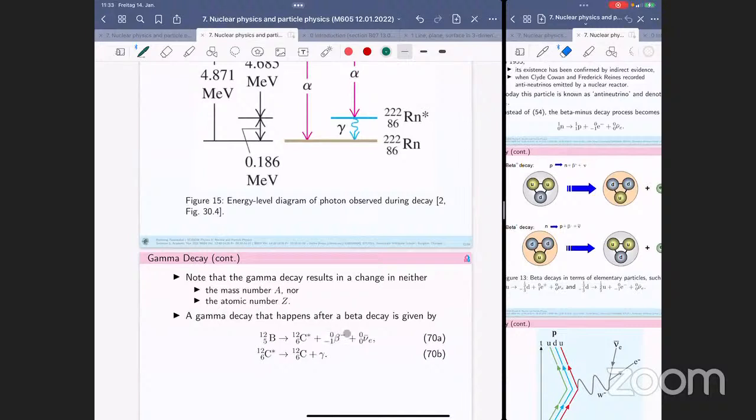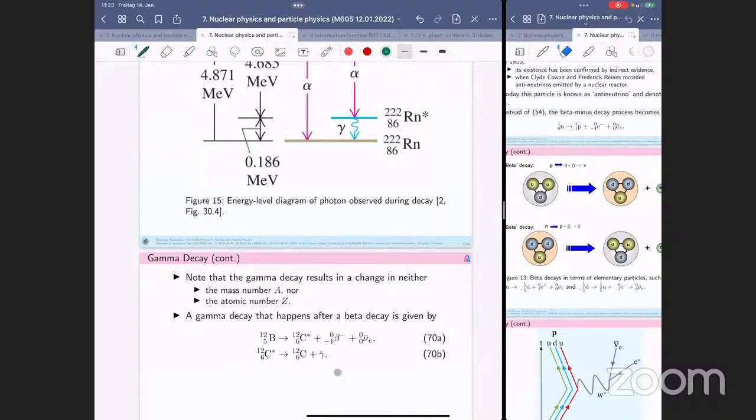And you get the electron, the beta minus particle, and you get an electron antineutrino. After that, the nucleus of the carbon 12, which is in the excited state, will cool down to the ground state. And in this cooling process, you get the gamma ray too, right?